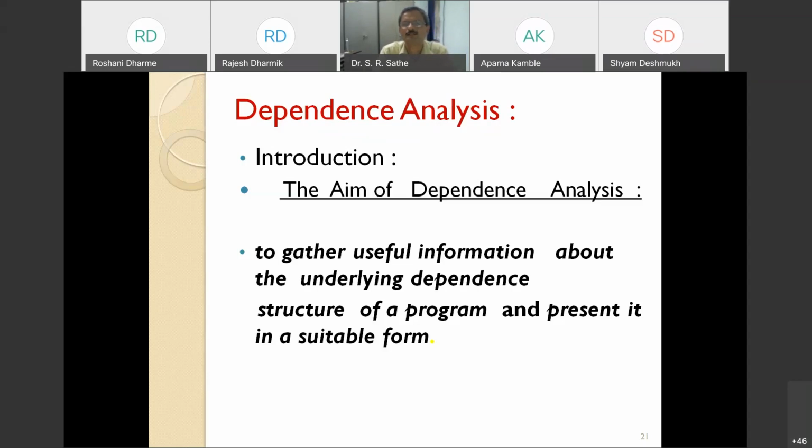That is how it is done, and therefore the theoretical knowledge of dependence analysis is very important. How to maximize extraction of parallelism from a sequential program is very, very important. So the aim of dependence analysis is to gather useful information about the underlying dependence and the structure of a program and present it in a suitable form.